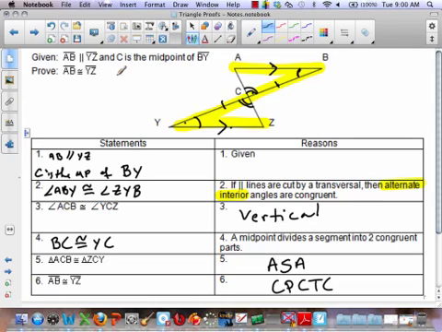Well, side angle side means that I have to know that two of my sides are congruent. I only know that one side is congruent. I don't know anything about AC or ZC, and at this point, I don't know anything about AB or YZ. All I know is that they correspond to one another, but I don't know what their relative measures are.